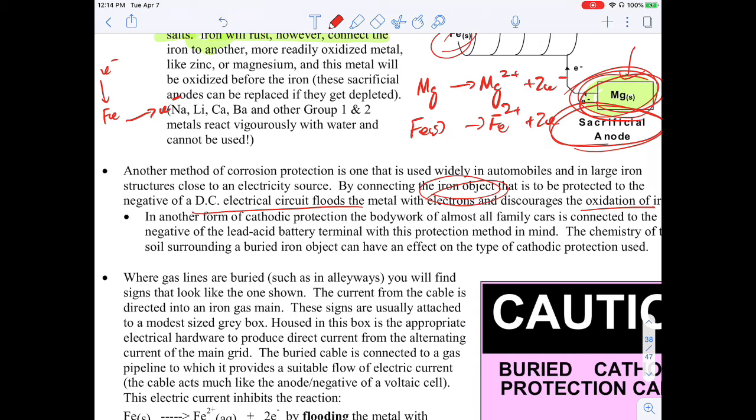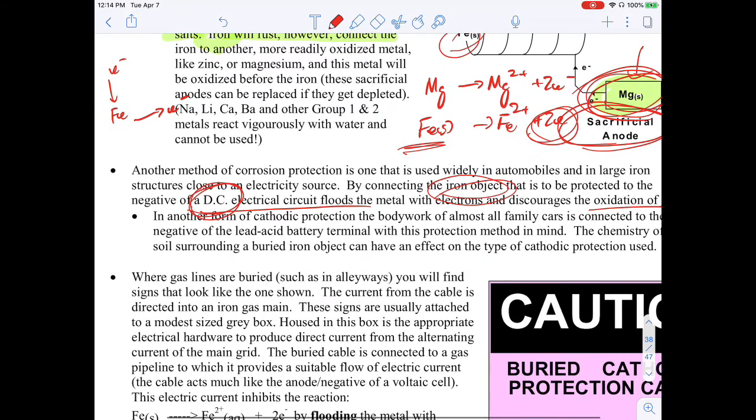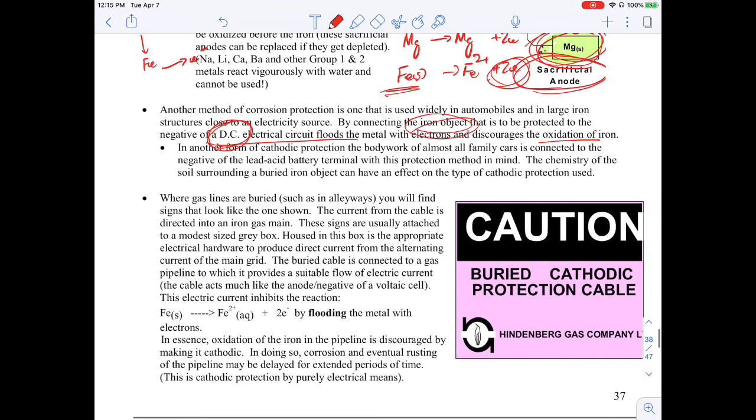You're basically supplying the electrons so that they're not needing the electrons from the iron itself. This must be direct current, so it can't be alternating current like we get to our houses. It's a common strategy for something that is going to be difficult to protect in another way.